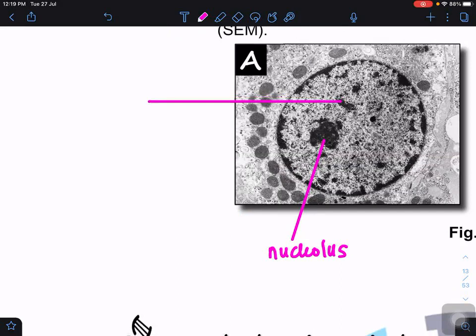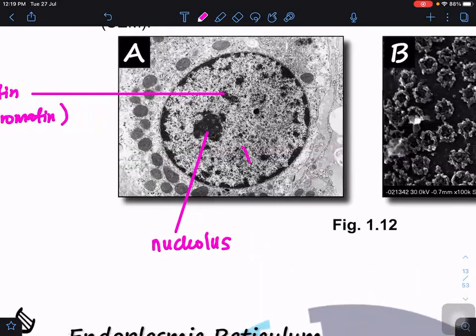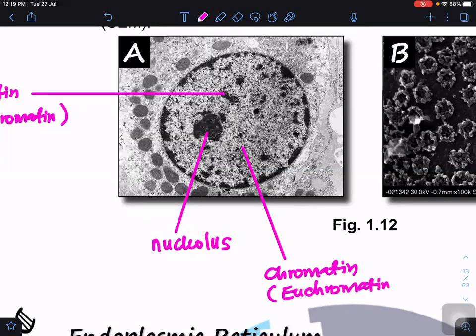How about this? This is chromatin, but this one is the heterochromatin. We do have other chromatin as well, but this one is a euchromatin.